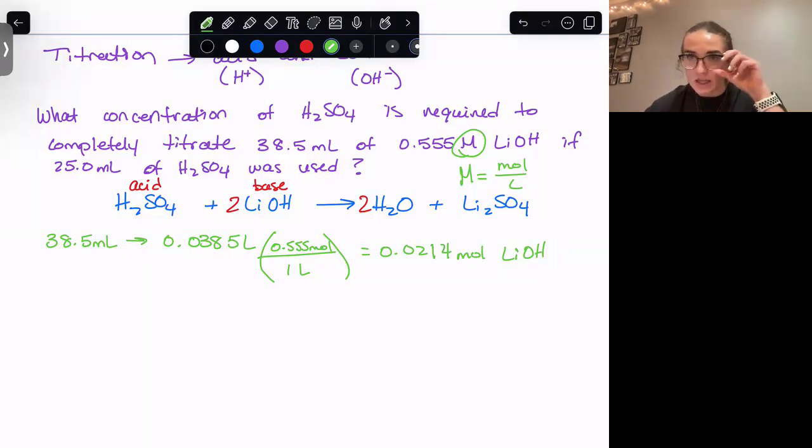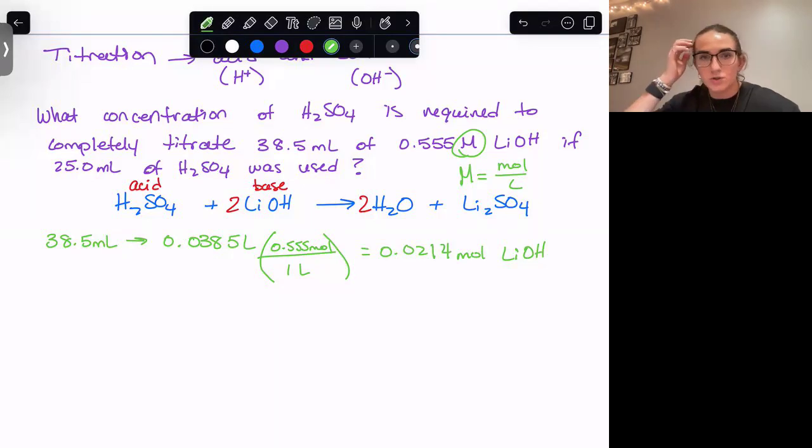One reason that I really like to write out the balanced equation is that then you can see your ratio between acid and base. So do we have a 1-to-1 acid to base ratio here? No, we do not have a 1-to-1 ratio. What is our ratio? Good, it's 1-to-2 acid to base.